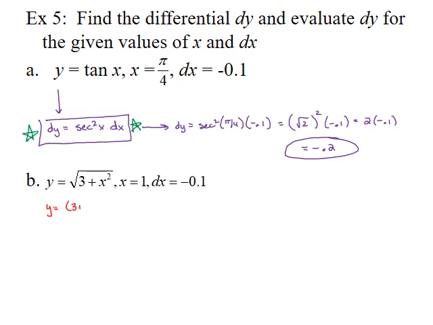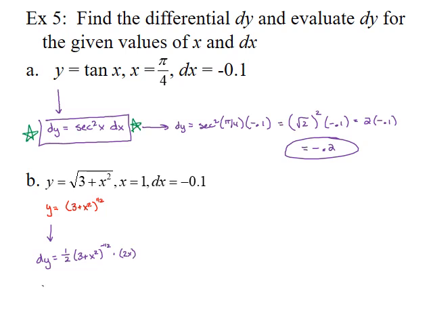I need to write this as 3 plus x squared to the 1/2 just to make this next part easier. So the derivative of y is dy. This derivative is the chain rule, so that would be 1/2 times 3 plus x squared to the negative 1/2 times the derivative of the inside, which is 2x.